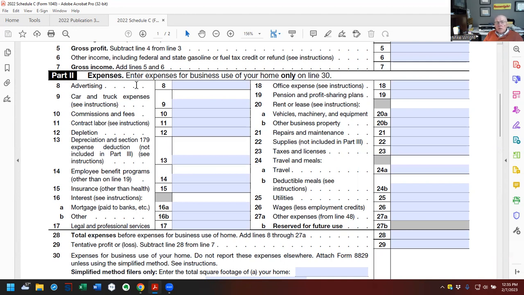Now, the other alternative is to do the actual expenses. That means if you're leasing the car or if you're purchasing the car, your lease or car loan payments are deductible, sort of. The reason I say sort of is this. The vehicle itself is an asset.